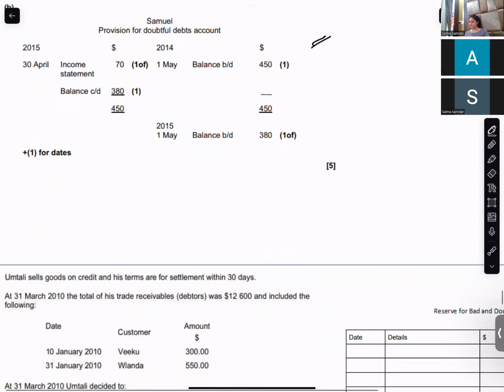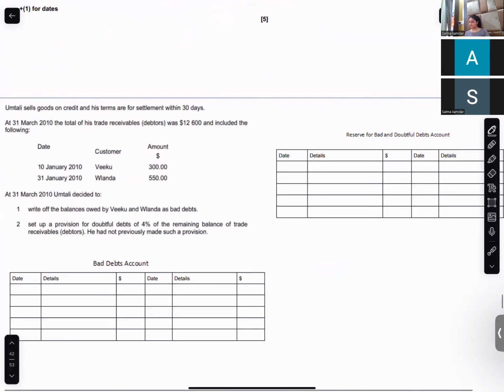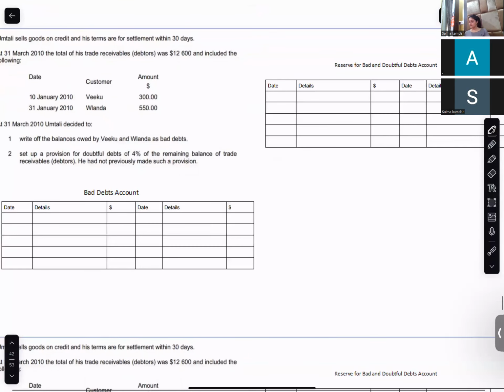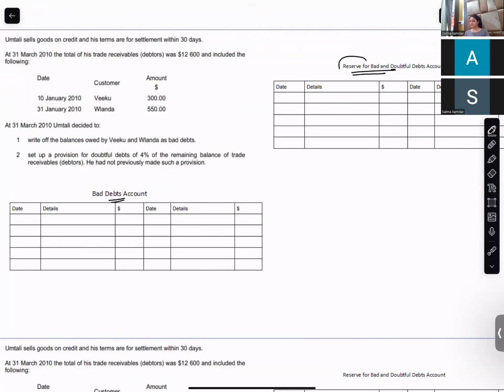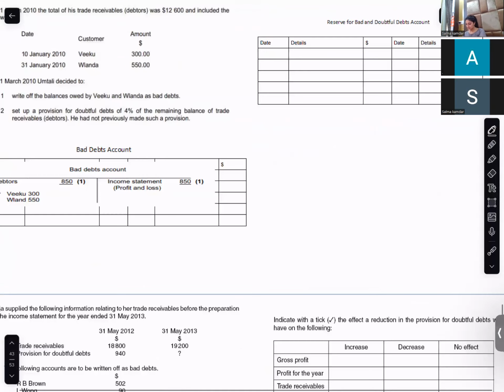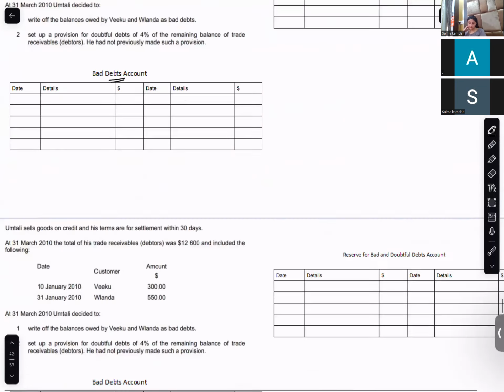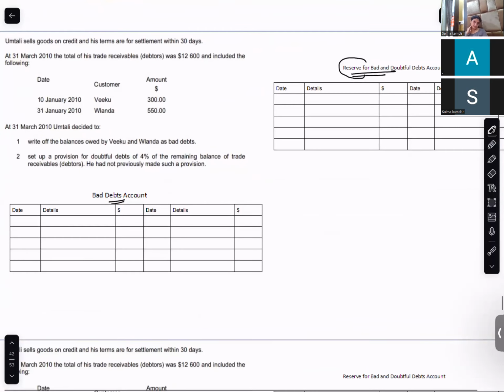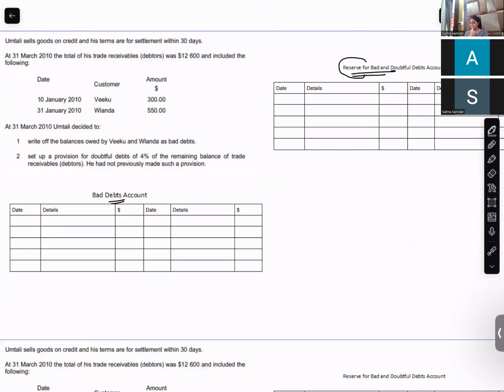Come on. You have to make two accounts. One is provision for bad debts account and one is bad debts account. Sometimes provision is also called reserve for bad debts. So don't get confused, okay? Read it. Umtali sells goods on credit and his terms are for settlement within 30 days.